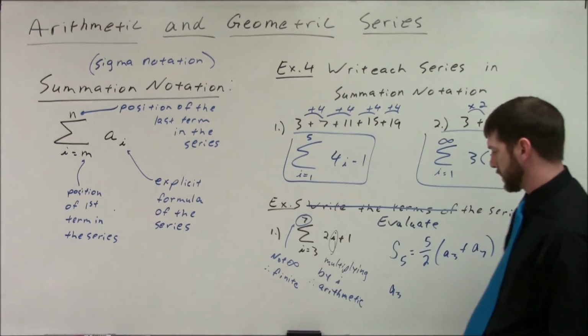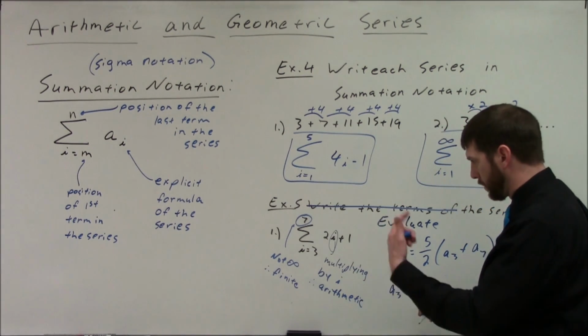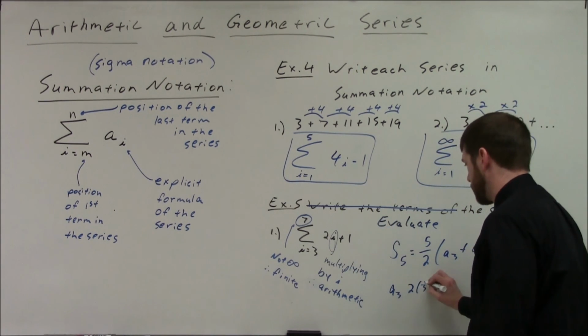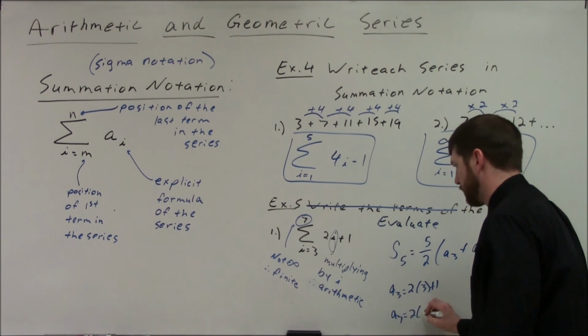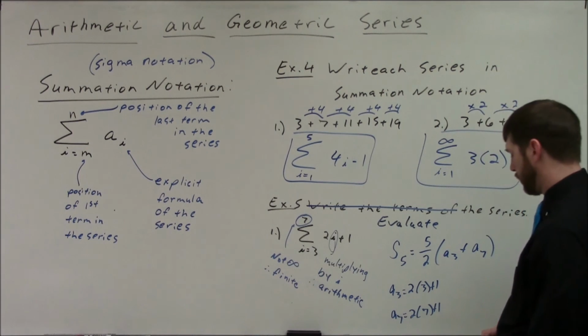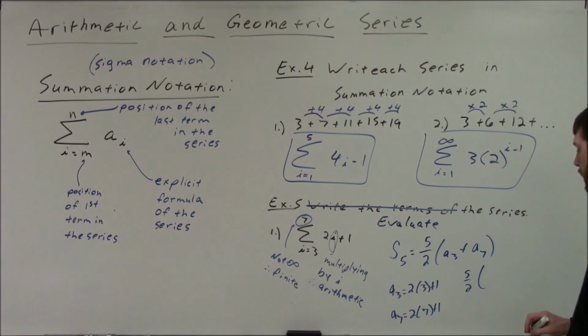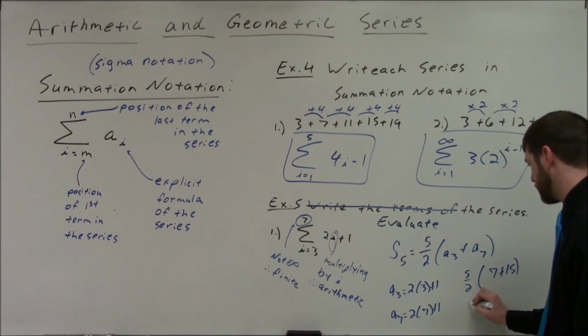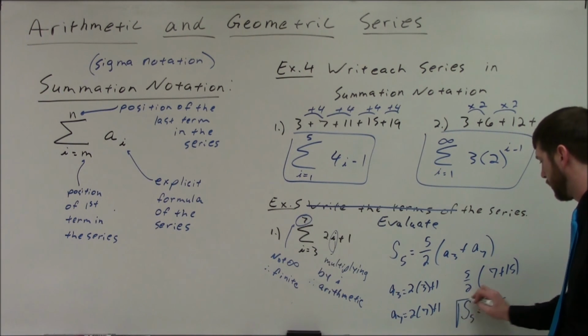The third term through the 7th term is what we're adding. So a3 is 2 times 3 plus 1. a7 is 2 times 7 plus 1. So we get 5 halves times 7 plus 15, 22 over 2, times 11. All that gives us the sum of the first 5 terms is 55.